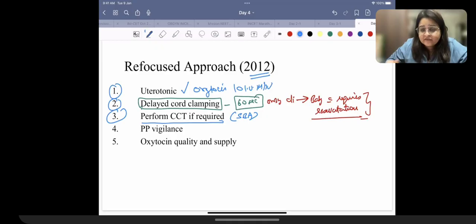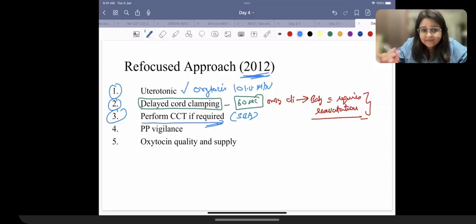Okay, so uterine inversions were happening, and hence the WHO said in its new document that do it only if you know how to do it, and only if it is needed. If the placenta has come out by itself, you don't need to do a controlled cord traction. Okay, so controlled cord traction, I will tell you what it is in a little while, but it is basically to deliver the placenta.